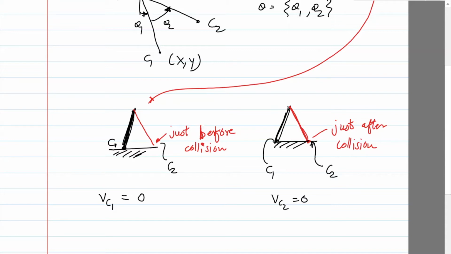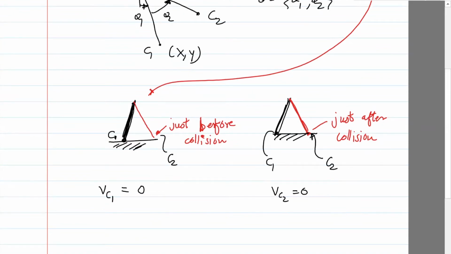So there's a difference. The velocity of C1 is 0 in the first case, C2 is 0 in the second case. And that's why there will be a jump in the velocities. By jump, I mean the velocities will suddenly change. The positions won't change because they're connected, but the velocities will jump.